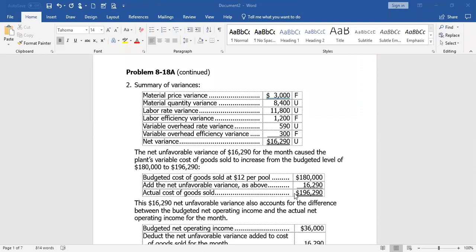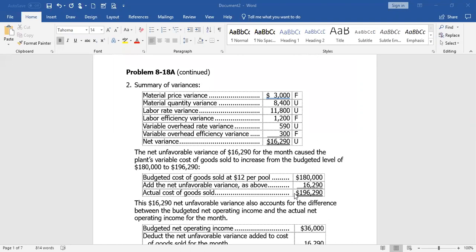So here we'll take that favorable material price variance, subtract the unfavorable quantity variance, subtract the unfavorable labor rate variance, add the favorable labor efficiency variance, subtract the unfavorable variable overhead rate variance, and then add the favorable variable overhead efficiency variance. You should come up with a negative 16,290, unfavorable.